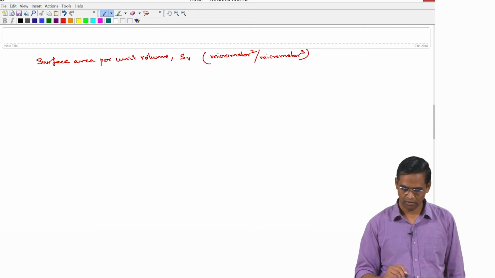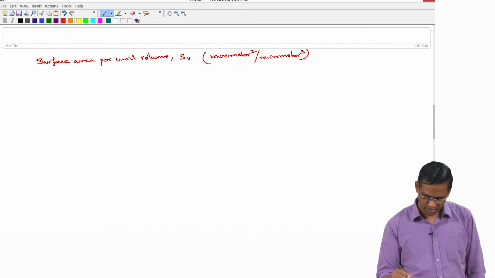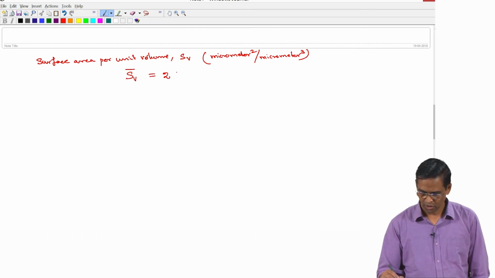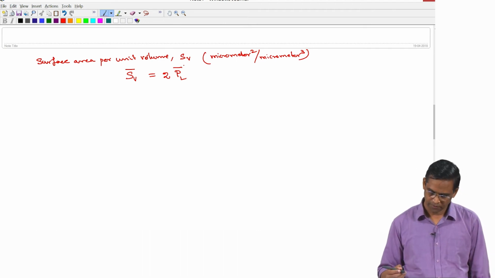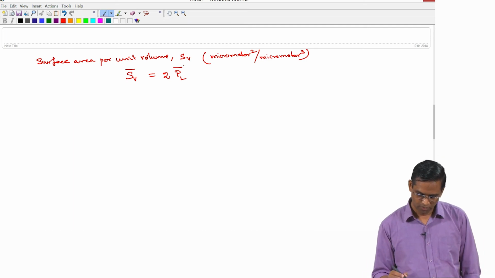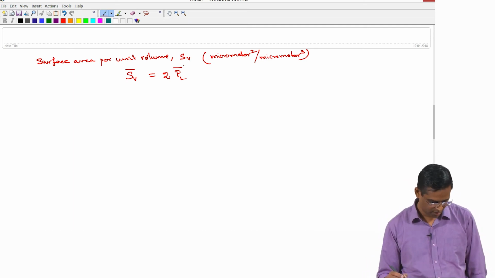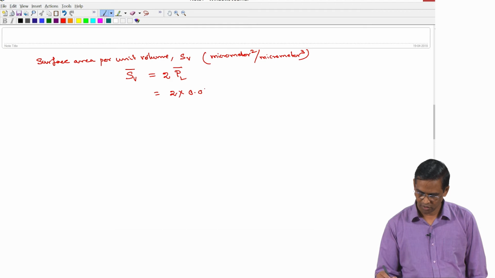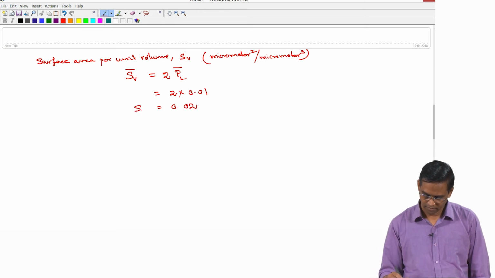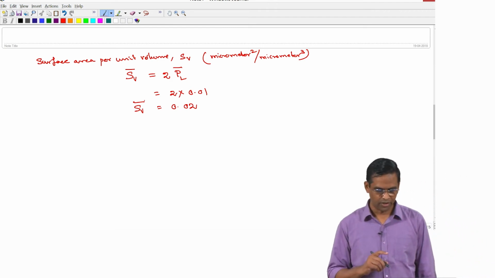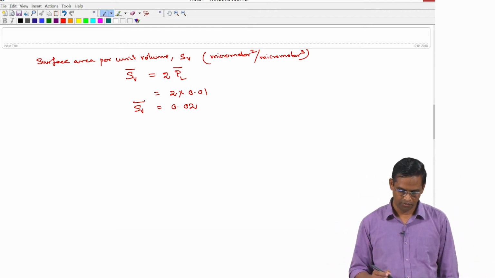So, surface area per unit volume. You can recall the relation 2 PL. In fact, there are two relations available. So, one is this. We will calculate this: 0.01, which is equal to 0.02.